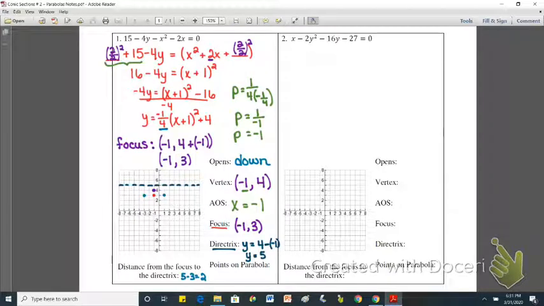So that is the point -3, 3, and the point 1, 3. I use those 2 points along with my vertex and make a parabola. If you wanted to find more points, you could, but as long as you have those 2 points, it'll at least give you a general idea of the opening.